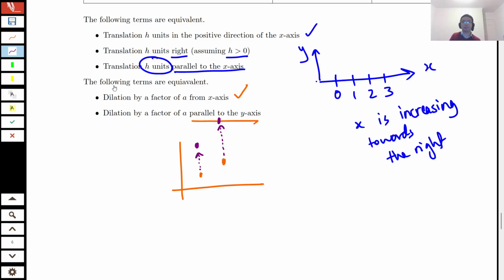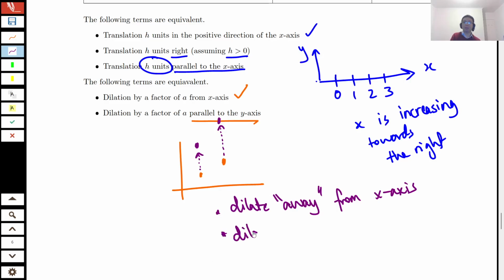So the first statement emphasizes the fact that we are dilating away from the x-axis. And the second statement is emphasizing that we're dilating in the y direction. Parallel to the y-axis is not the same as dilating away from the x-axis.